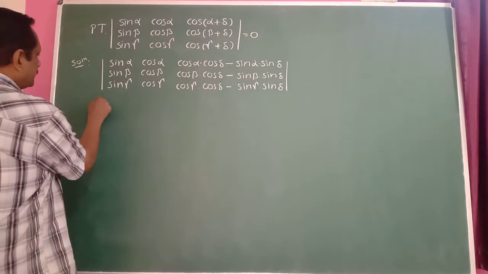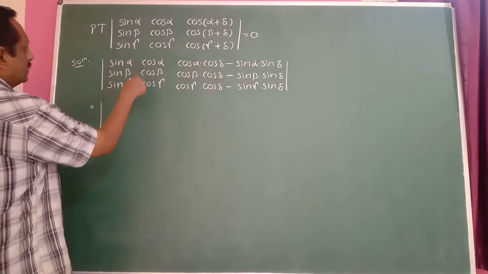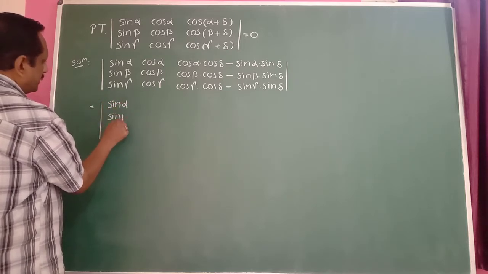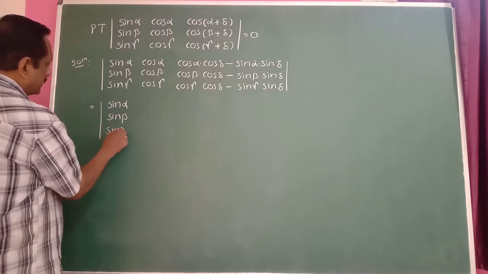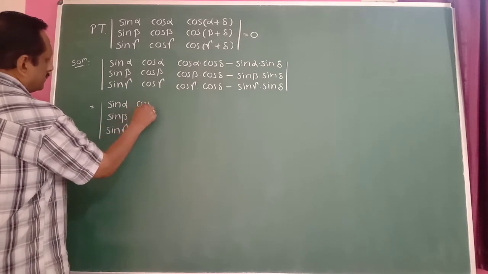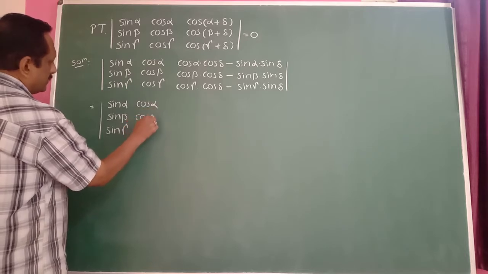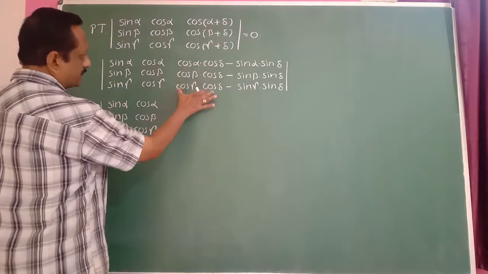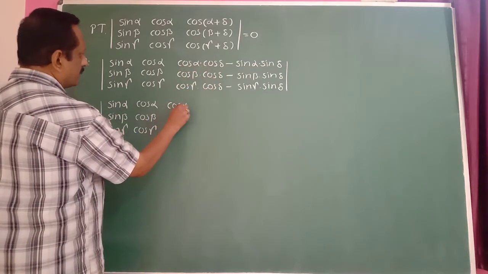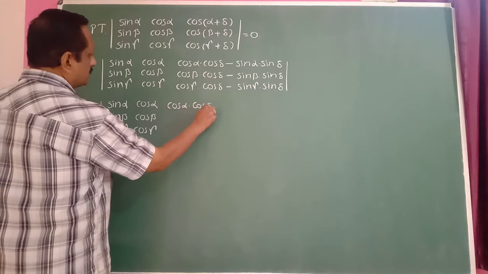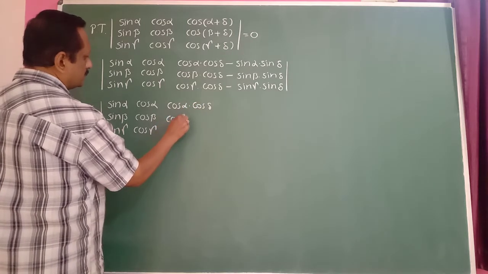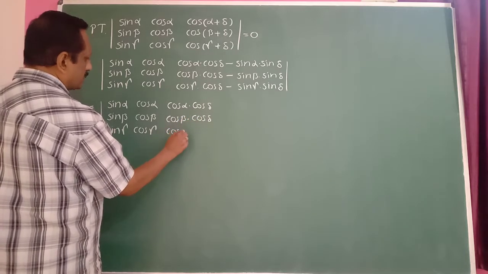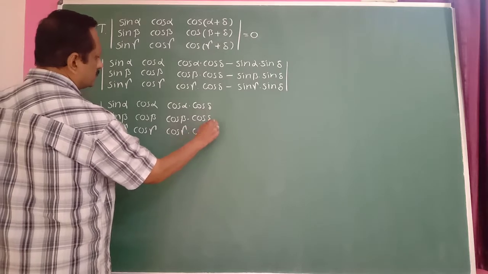Therefore this can be written as a determinant of the first two columns as they are: sin alpha, sin beta, sin gamma, then cos alpha, cos beta, cos gamma, then write these terms: cos alpha into cos delta, cos beta into cos delta, cos gamma into cos delta.